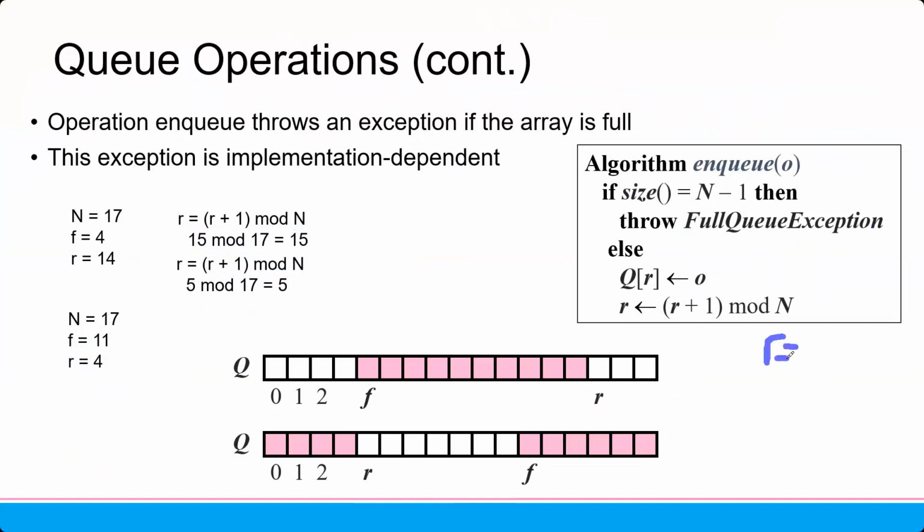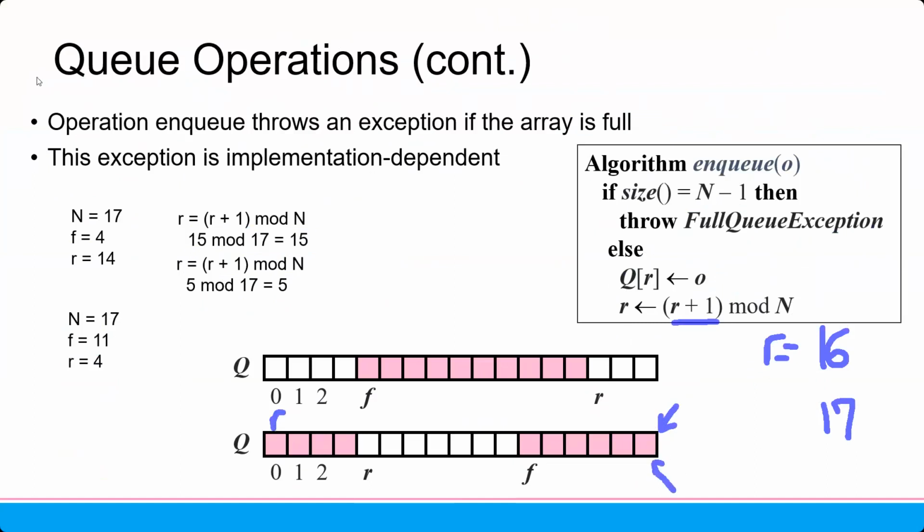R equals 16. Then R plus 1 is 17 mod 17, which is 0. Then R goes back to index 0, because the last element was inserted into the last index.